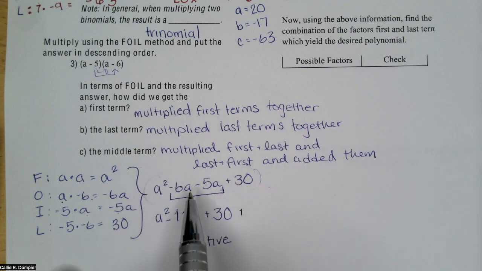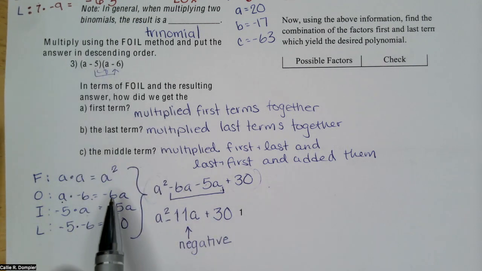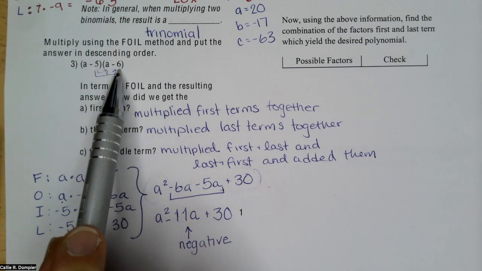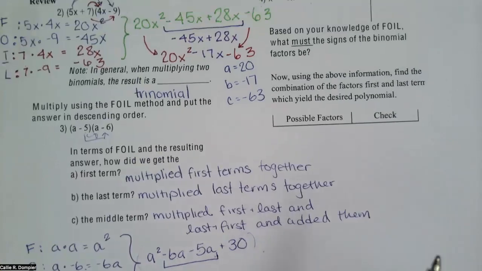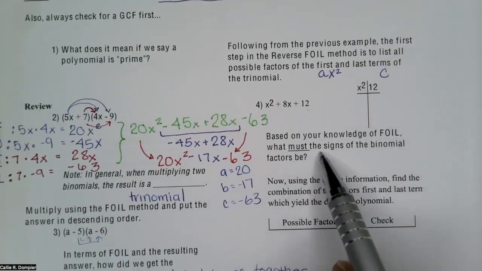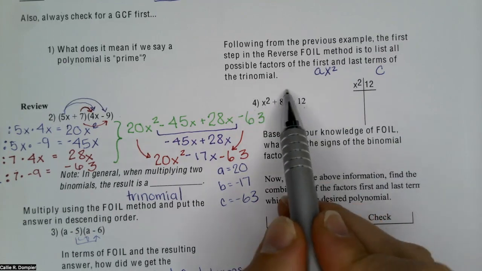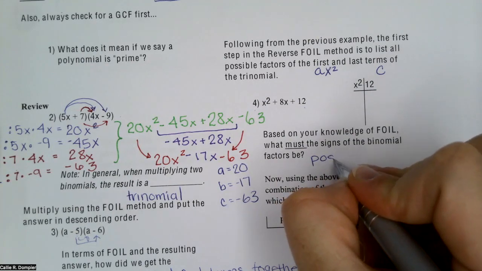Because if these are positive, I'm going to get positive numbers here, and I'm going to be combining them to get a positive number. If these are negative, like they are in example number 3, then when I multiply, I'm going to get a negative number, and then when I add 2 negative numbers, I'm going to get a negative number, okay? So when it asks you, based on your knowledge of FOIL, what must the signs of the binomial factors be for this problem, the signs of the binomial factors must be positive.